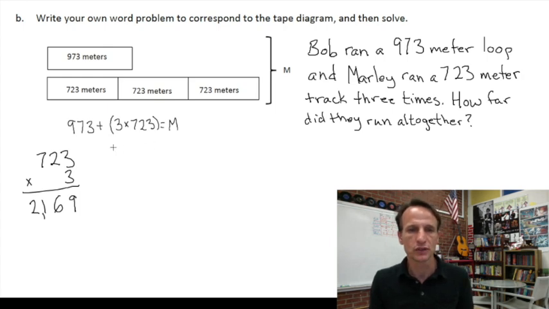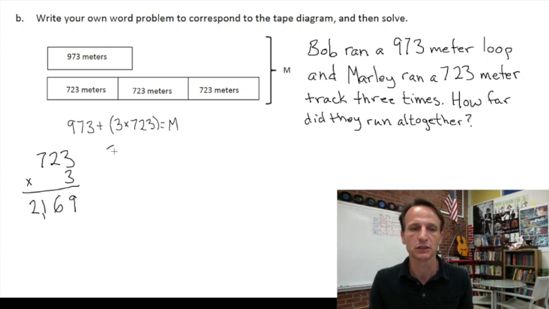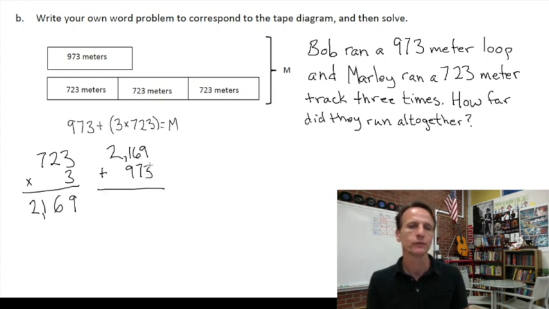So let's do that to get our M. That's Marley's distance in meters. So now we'll take the 2,169 and add to it Bob's distance of 973. And then we'll get a total, that M. So 9 plus 3 is 12.